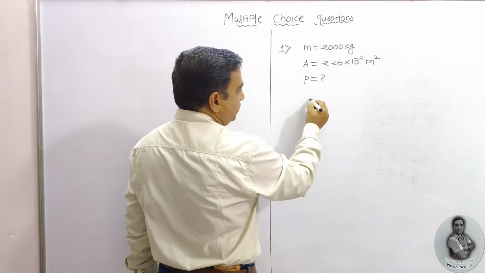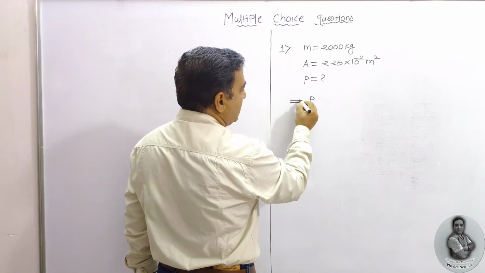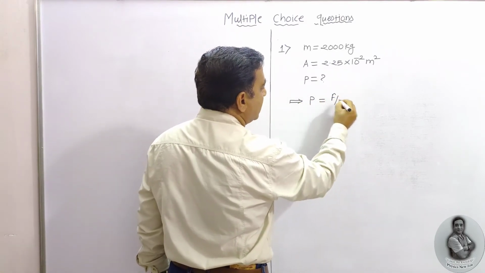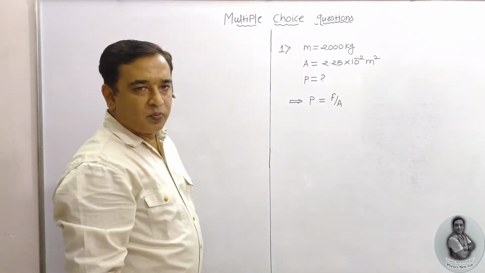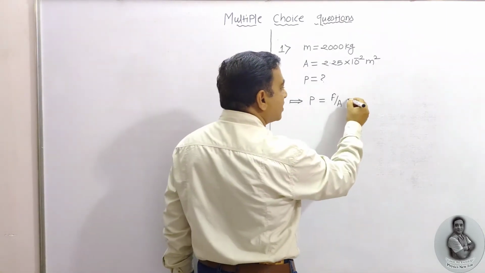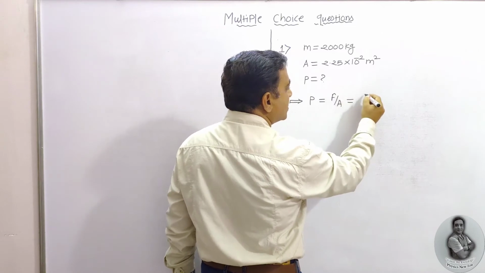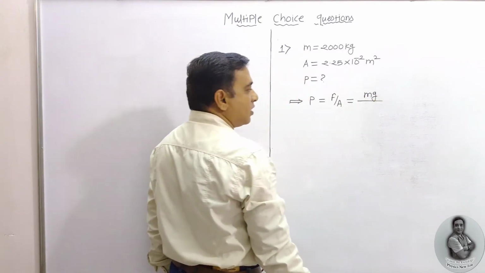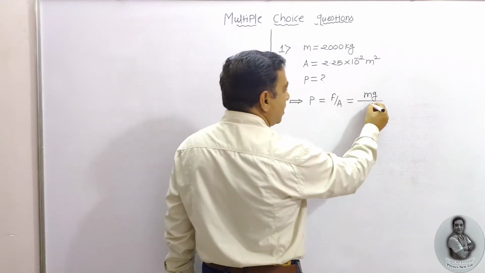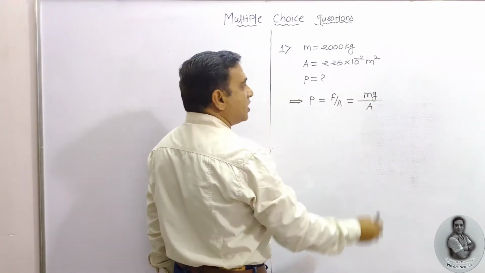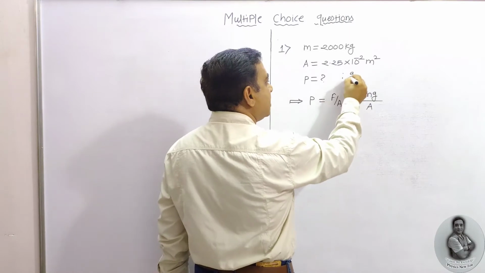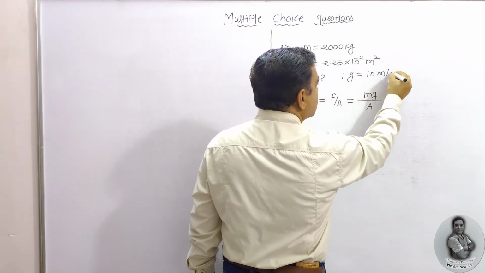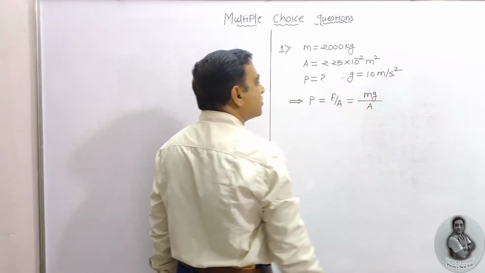We know pressure is equal to force per unit area. Basic formula. And we know that force is nothing but mg, which is acting in a downward direction, divided by area. Here we need to take g is equal to 10 meter per second square. This is acceleration due to gravity.